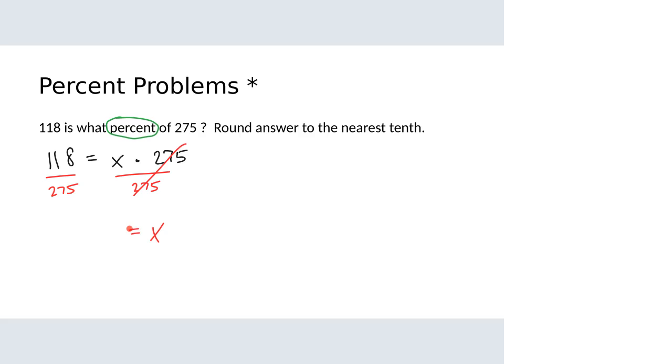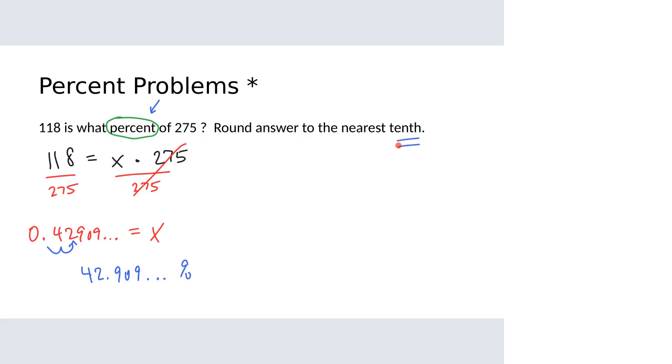Then I have 118 divided by 275, which is 0.42909. That keeps going, but I'm not going to need anything past there. Right now, my answer is in the form of a decimal. I need it to be a percent. So I'll move that decimal over 2 places and have 42.909%.